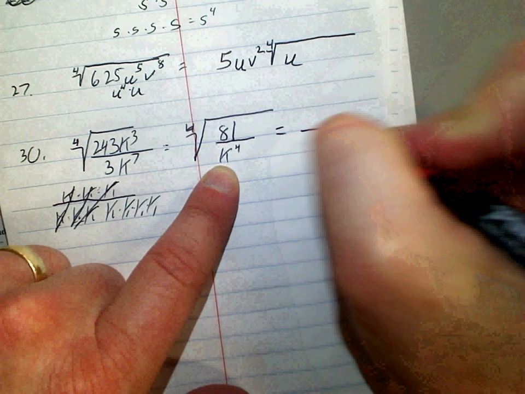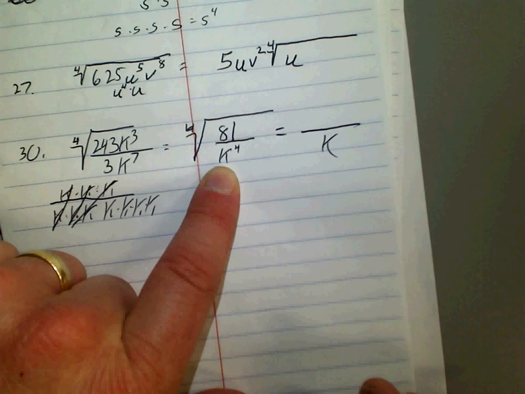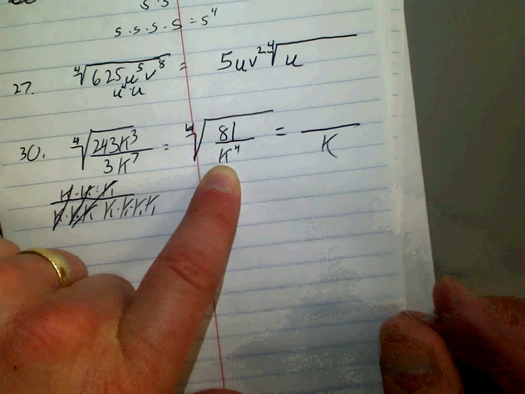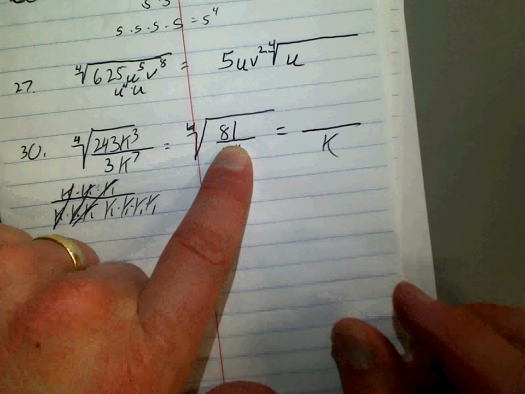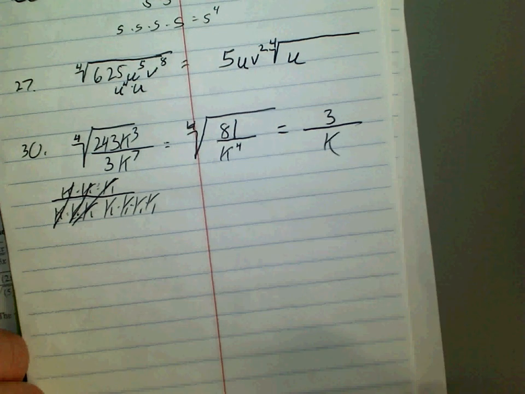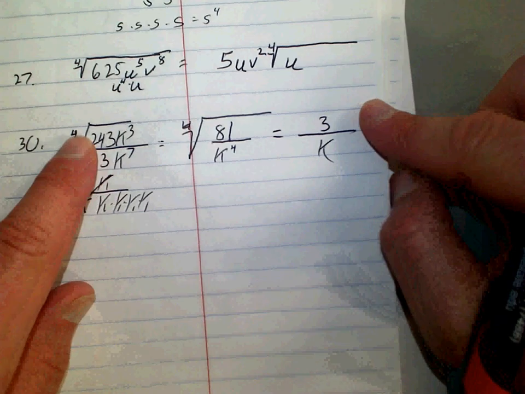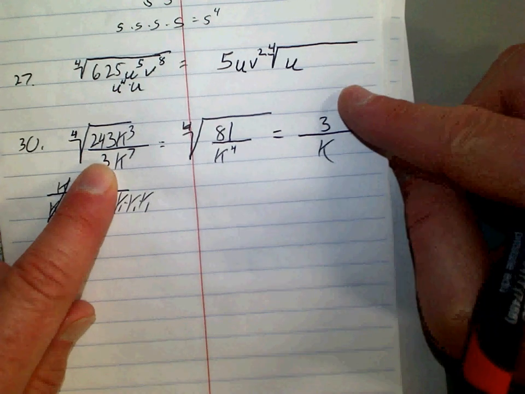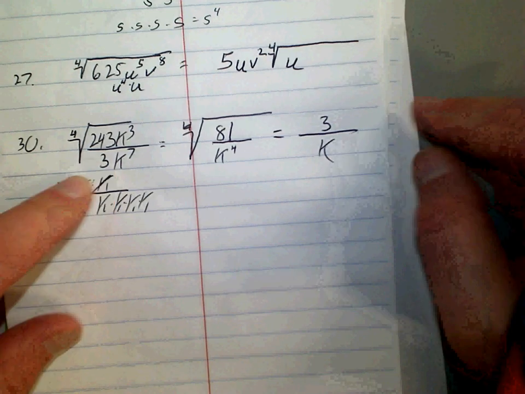So guess what? I don't have to rationalize my denominator because it's simplified out with no radical on its own. 81, what's its fourth root? 3, thank you. 81 to the 1/4, or the fourth root, is 3. So look at that. This radical expression simplified to just 3 over k. But it took a little dividing to make it easier to start.